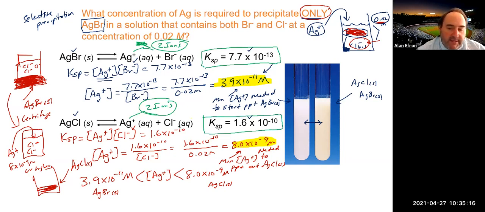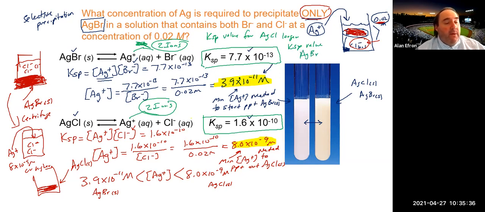And what we see here is the KSP value for silver chloride is larger than the KSP value for silver bromide. So what does that mean?